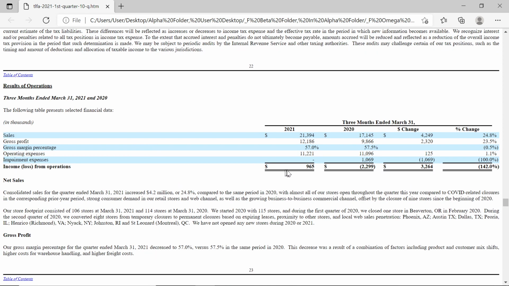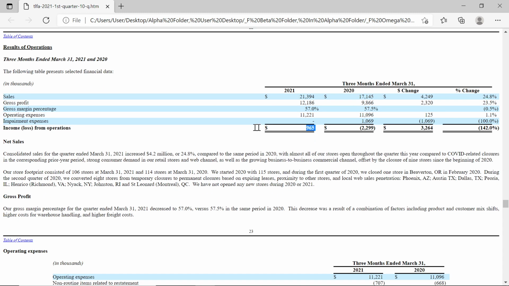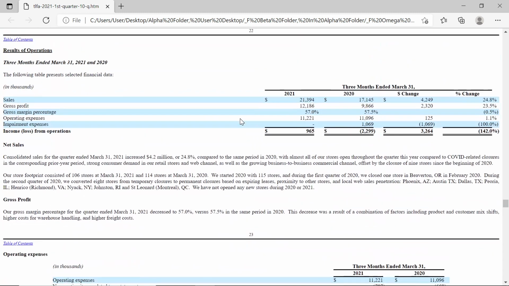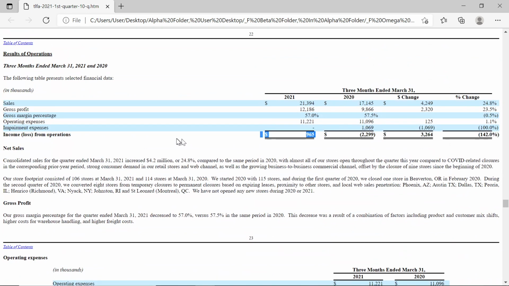And here they reiterate the results of operations. This 965,000 is the income loss from operations, that's the before-tax number. The net income number, that's 745, that's after the taxes hit this 965 number.